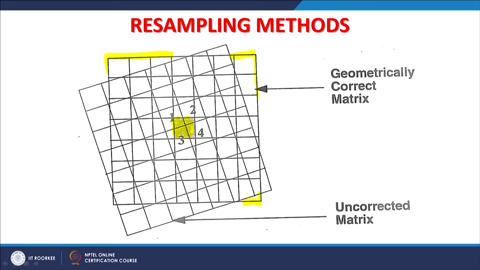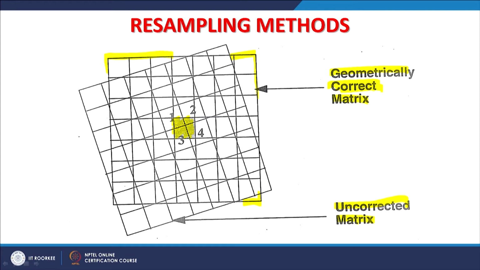From the input image, I see this kind of arrangement, where this one is the uncorrected image and this is my geometrically correct image, that is my target. So, in the nearest neighbor method, whichever pixel has the largest overlap, the value of that pixel will be transferred to the pixel in the geometry corrected matrix, which is so far blank.